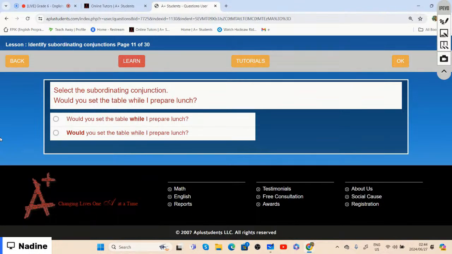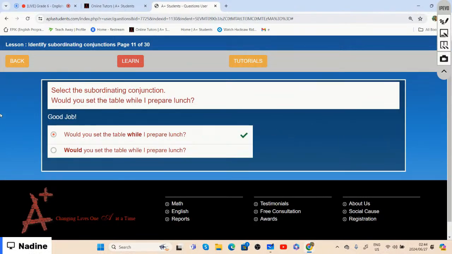And if we were to choose our subordinating conjunction, we would go with while.